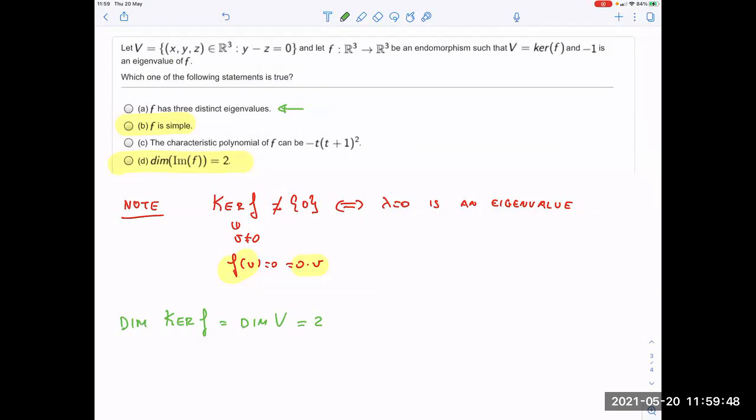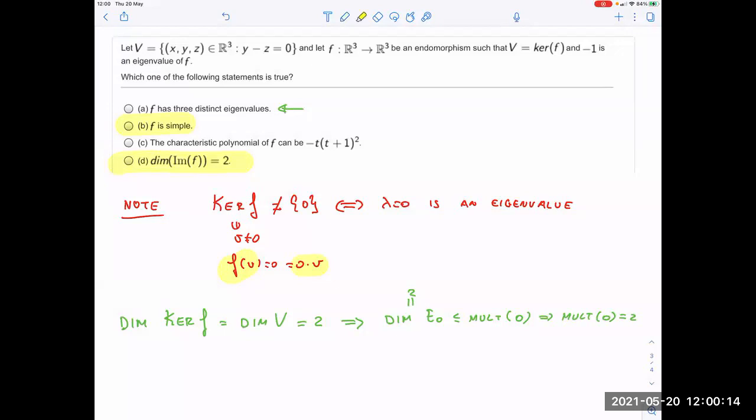So having dimension 2, it means that the dimension of E0, which is less or equal to the multiplicity of 0, is 2, and so it means that the multiplicity of 0 is 2, right?